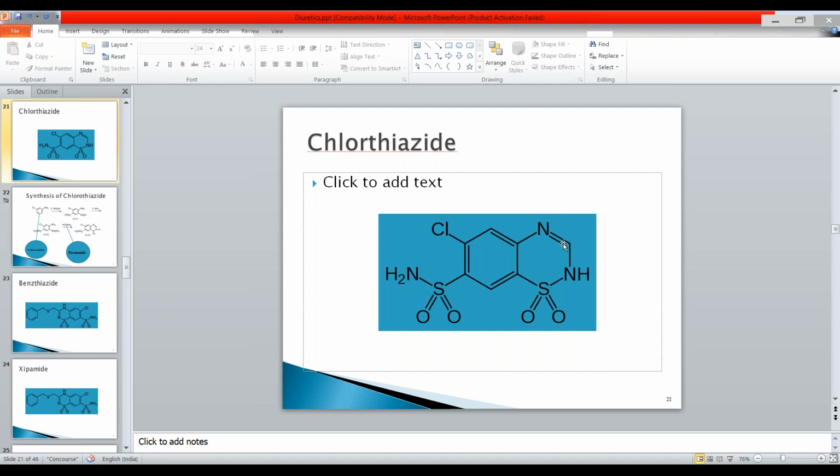Absence of a carbon-carbon double bond between third and fourth position increases the potency of the drug by 3 to 10 times.